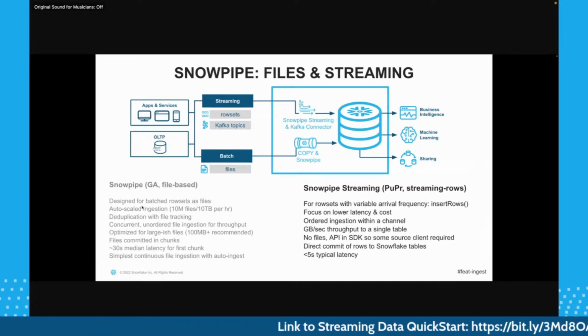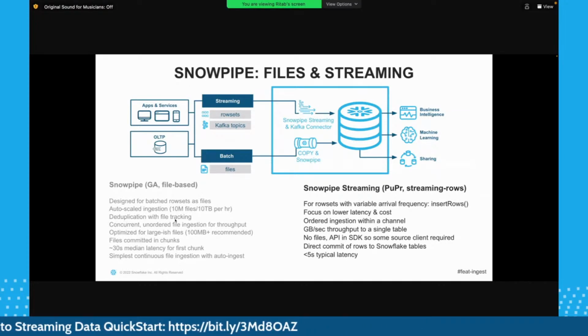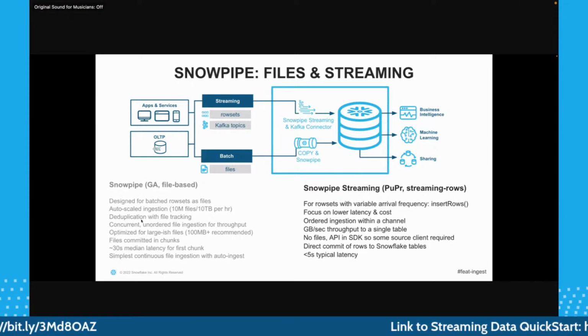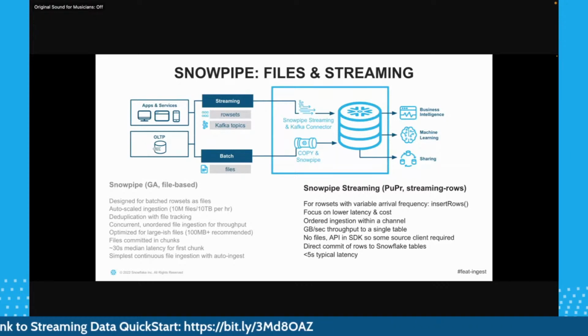So on the left hand side, there are a few pointers which talk about Snowpipe. That means deduplication with file tracking. Yes, this was something which is great, because if you have the same data coming in a file, it does do a deduplication. You can configure that. It's concurrent, but then it's unordered.